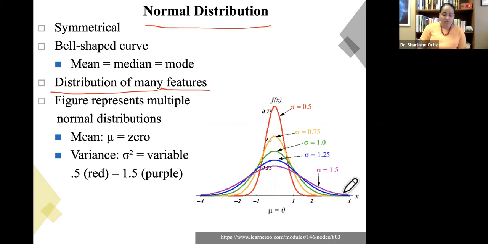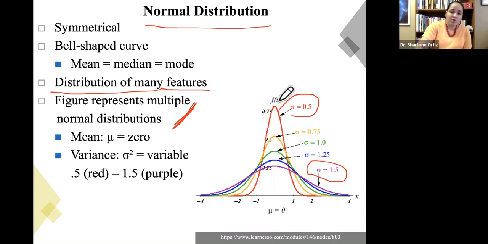Now, in addition, this figure represents multiple normal distributions. For example, the red one has a really high peak in comparison with the purple one, which is actually pretty low. Notice their variance.